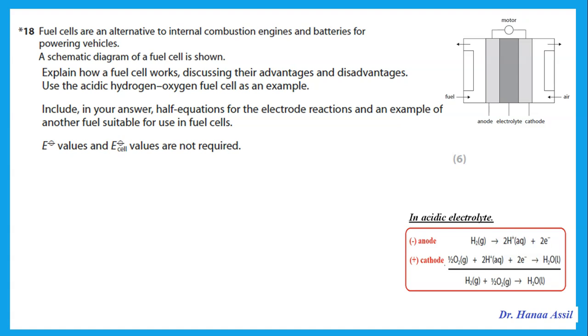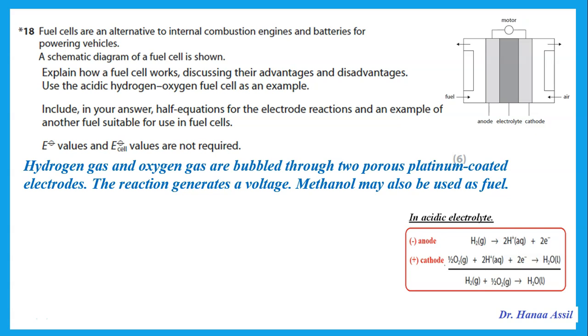hydrogen-oxygen fuel cell, remember that basically what's happening is the hydrogen reacts with the oxygen to give water. In acidic medium or in acidic electrolyte, the hydrogen loses electrons, becomes oxidized at the anode. The oxygen gains electrons and H+ and becomes water at the cathode.